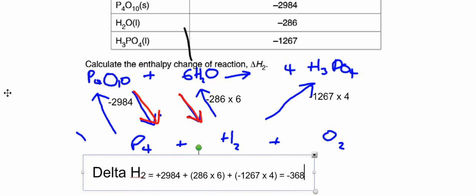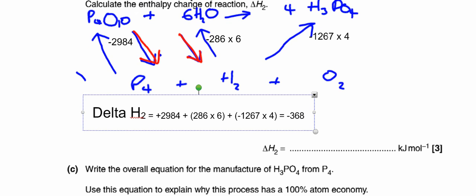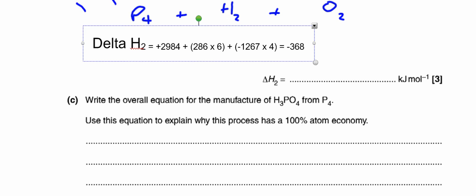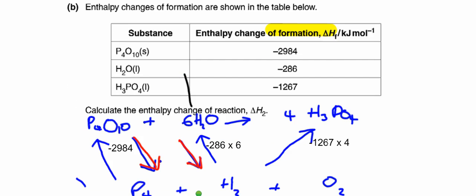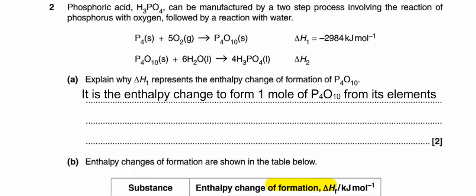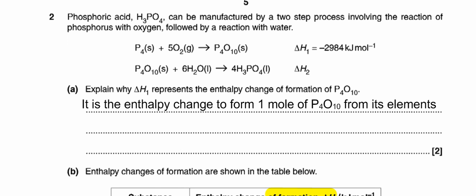Now, this final question is quite a nasty one. Write the overall equation for the manufacture of phosphoric acid from P4. So we've got to go back up to our 2 equations, and we've got to use our cancelling out skills from radical substitution. Because here, if you look at what you've got, P4 plus oxygen gives P4O10, and then you've got your P4O10 in the next equation plus water giving you your phosphoric acid.